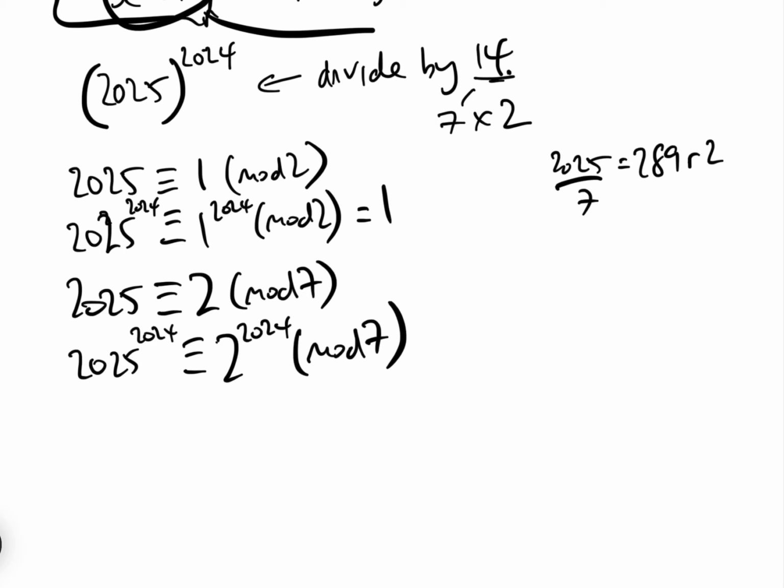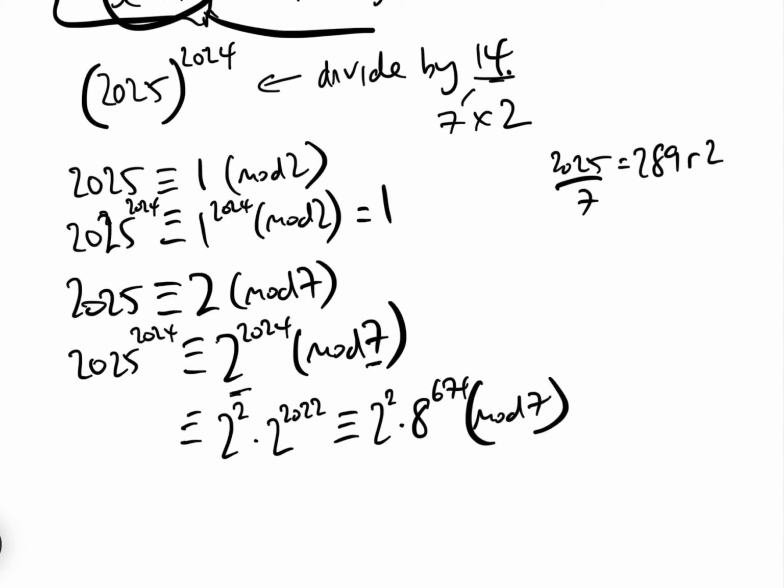Okay, now we need to get this 2 to the power of something into something close to 7, and clearly we're going to use 2 cubed is 8, so that equals 2 squared times 2 to the 2022, which mod 7 equals 2 squared times 8 to the 674 mod 7, and 8 is 1 mod 7, so that equals 4 times 1 to the 674, which equals 4 mod 7.